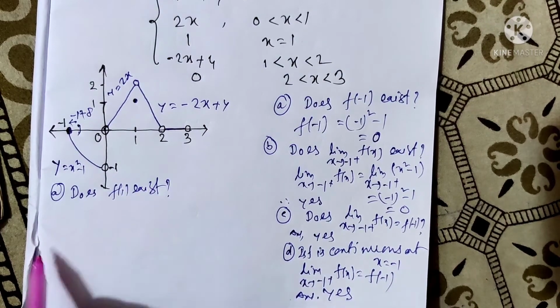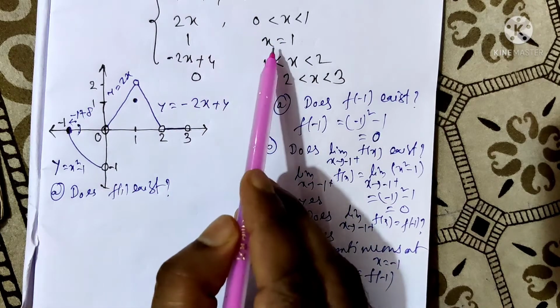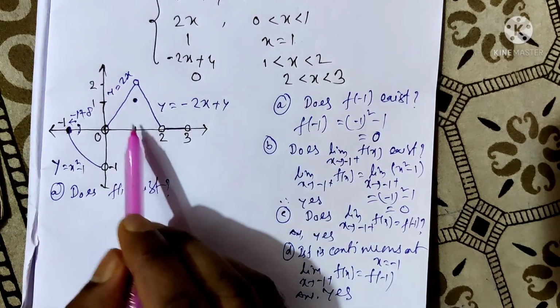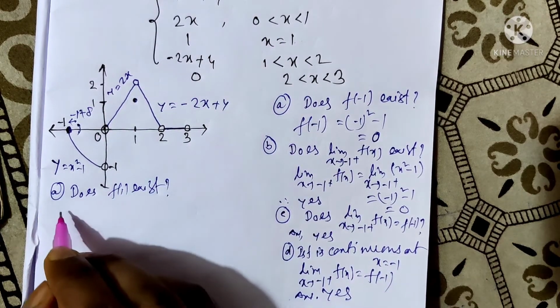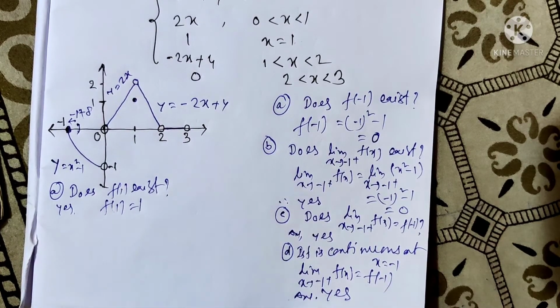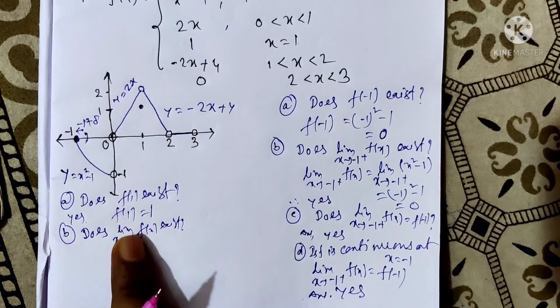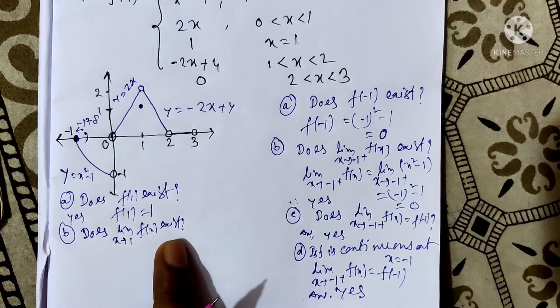Next question, does f(1) exist? This is at the point x equals 1. Yes, f(1) equals 1, so f(1) exists and its value is 1. Does the limit as x tends to 1 of f(x) exist?